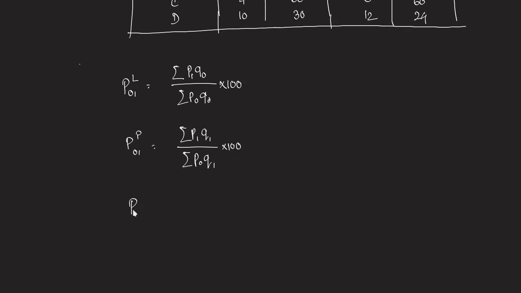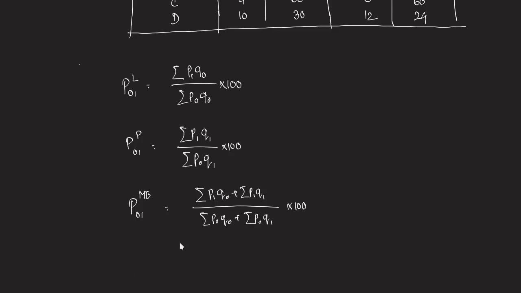Then Marshall Edgeworth P01 is summation P1 Q0 plus summation P1 Q1 by summation P0 Q0 plus summation P0 Q1 into 100.